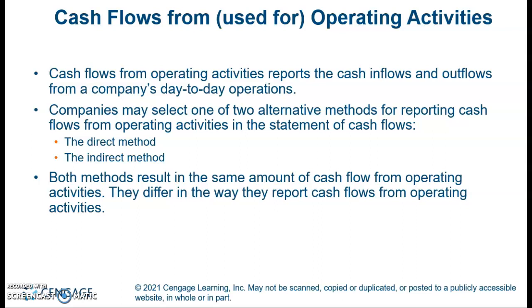In this course, you're going to use the indirect method, and it is the only method that you need to know for this course. Both methods end in the same ending number. It's just the way that you arrive at the operating section that is different. Most companies use the indirect method, so that is what we're going to use in this course.